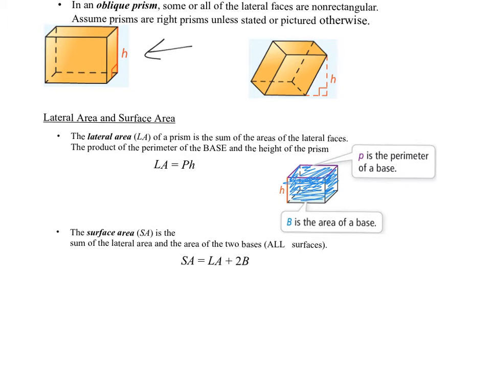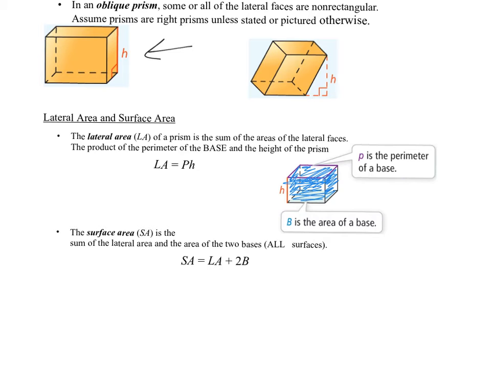Sometimes when you're calculating things for boxes or packages, we really just want lateral area. We don't really need the end caps. For instance, if we were looking at putting a label on a soup can, there's not a label on the top or the bottom of the can. It's just on the side, which is the lateral area. Okay, we'll talk about that on a cylinder in a second.